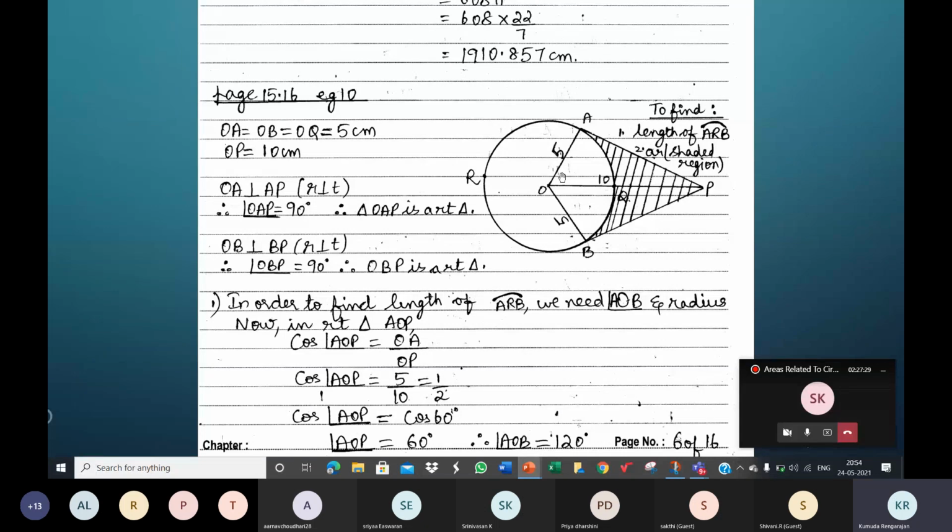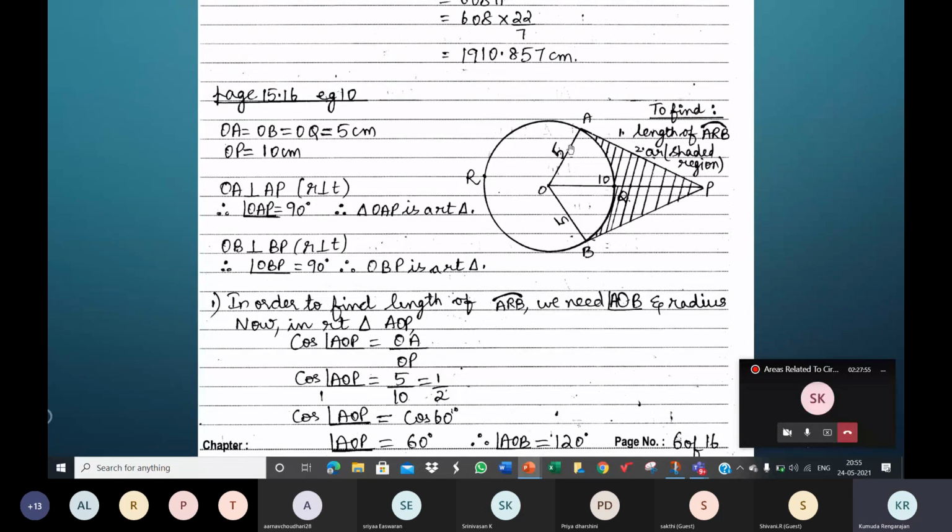So for this angle, this is the opposite side and this is the adjacent side. AP is not the hypotenuse, though it may look like that. This is the right angle, so OP is the hypotenuse. So you need to connect this angle with the opposite side and the adjacent side.